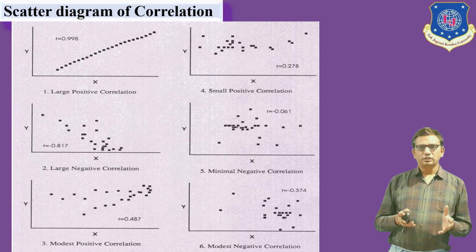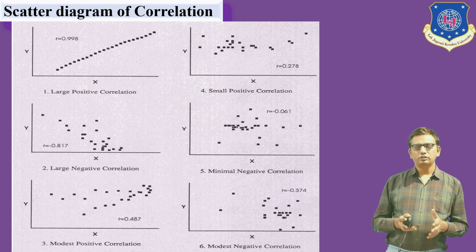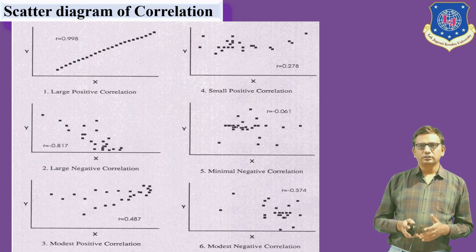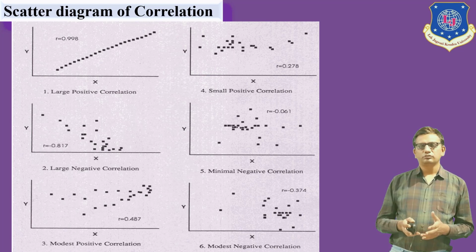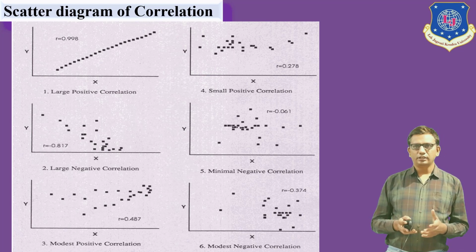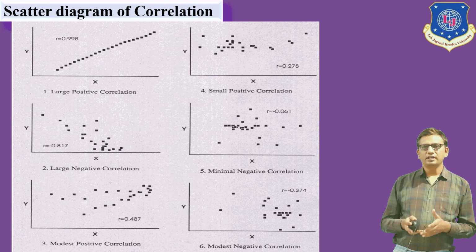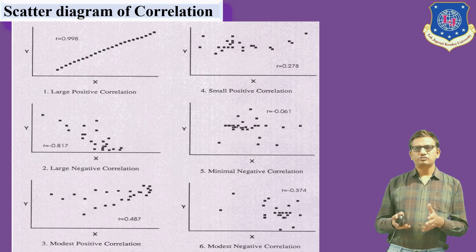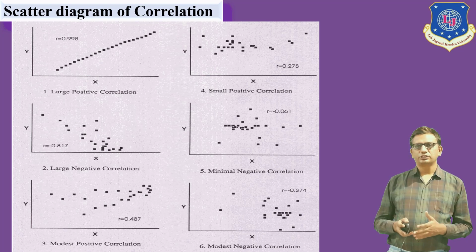In the third one, the value is approximately 0.5, so it is a positive relation but not too strong. And in the fifth figure, the value is very near 0.27, so it is not too much correlated. And in the second last figure, the value is very near to 0.06, that means very near to 0, so it is also not too much correlated. So that type of idea we can identify from the scatter diagram.